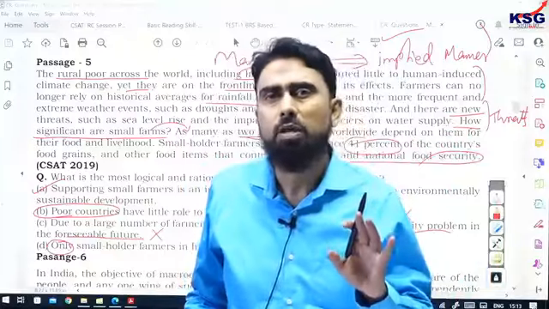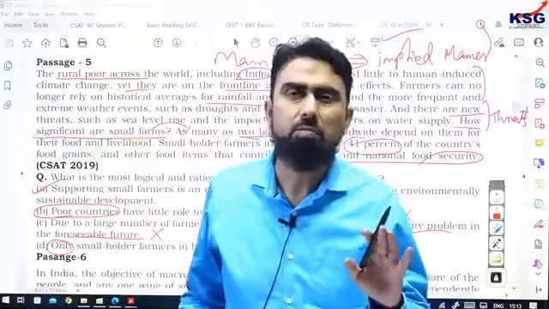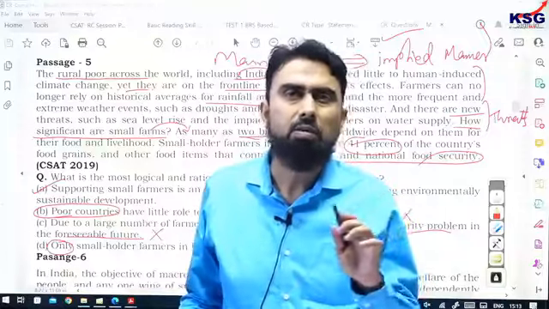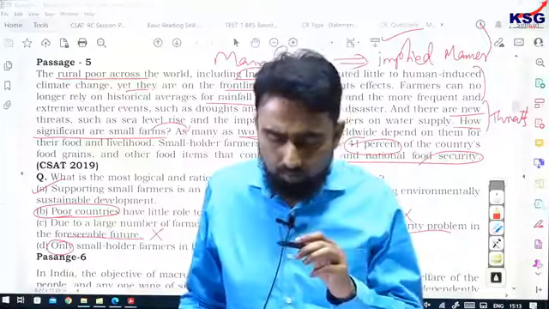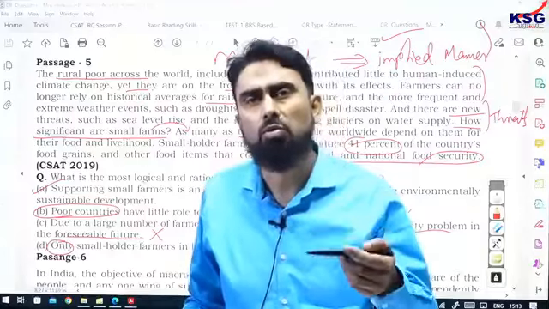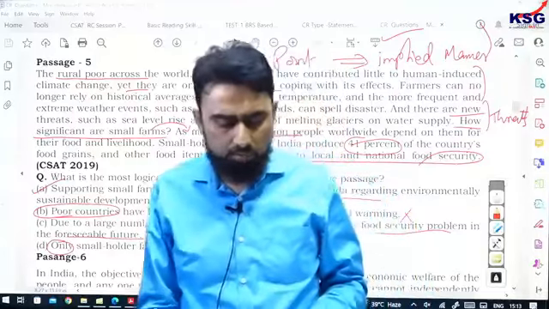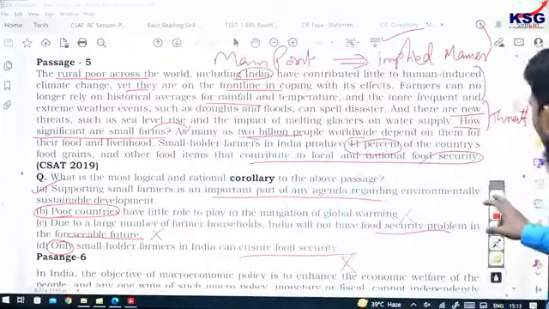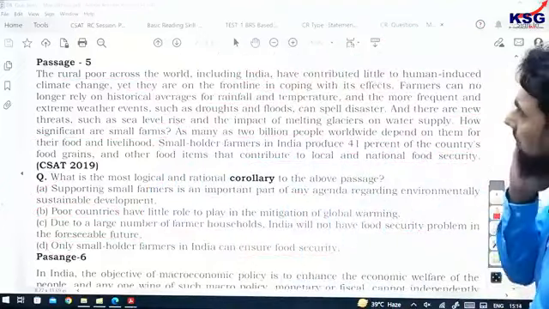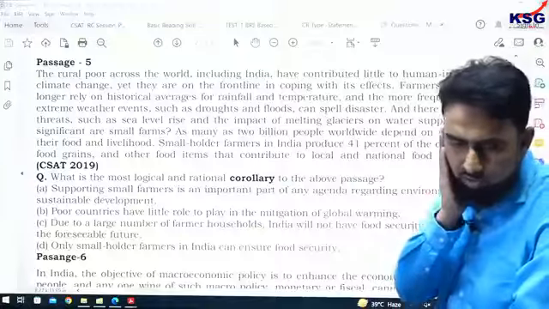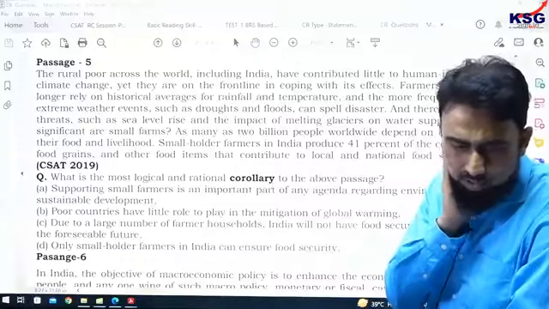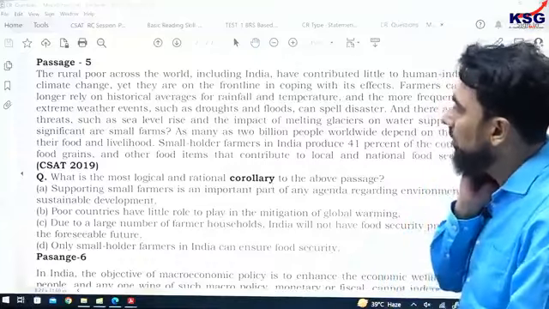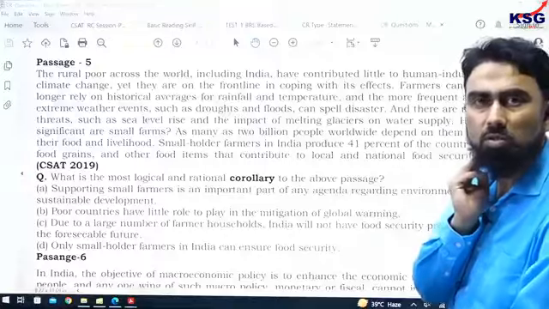You all must have realized, all those who missed passage number 5, that a basic deviation from the approach, from where the main point is, will cost you dearly. So please be careful and keep practicing passages. I thought a small formal line is a transition line. The author, from the beginning till the end, is only talking about smallholders, right?